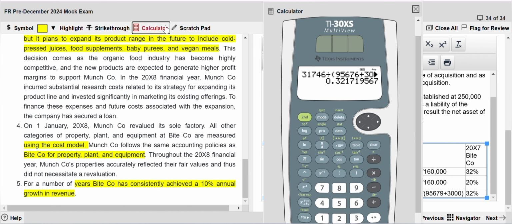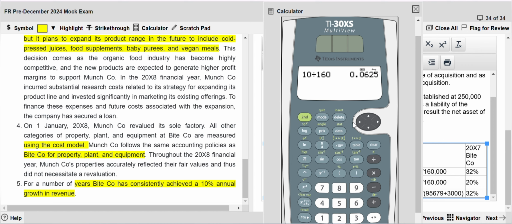So 10 divided by 160 is 6.5%. So revenue has increased without Munch company only 6%. 10% കൂടിയിട്ടില്ല. ഹിസ്റ്റോറിക്കലി നമ്മൾ 10% അച്ചീവ് ചെയ്യുന്നുണ്ട്. സോ നമ്മുടെ 4% ഷോർട്ടർ ആണ് കമ്പയർഡ് ടു ദ പ്രീവിയസ് ട്രെൻഡ്സ്, റൈറ്റ്?